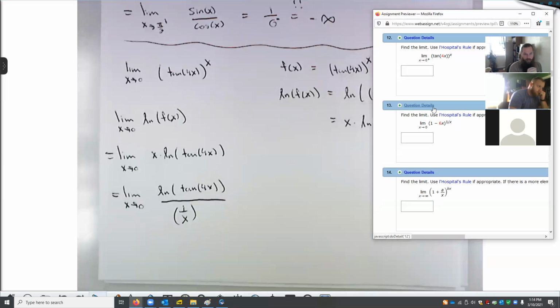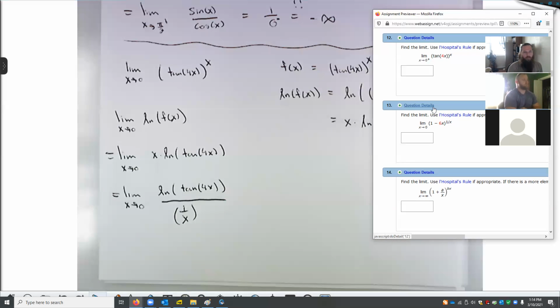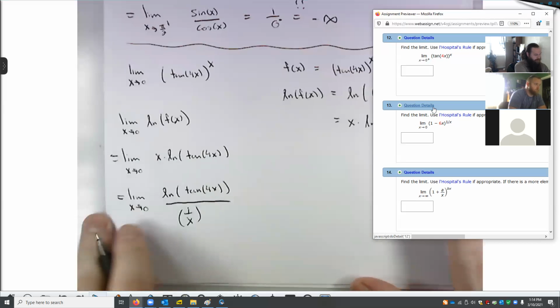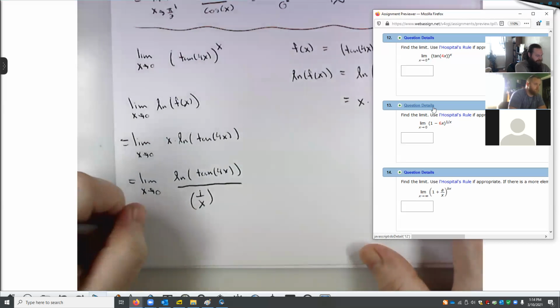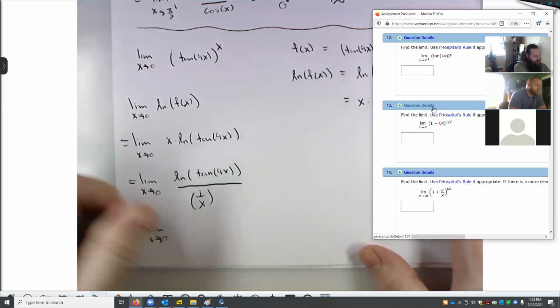And you said you were at the step after this, where you use L'Hopital's rule? Yes, I did L'Hopital's rule, and then it came out to be another, it's still indeterminate, right? Yeah. So one application of L'Hopital's rule gets me the limit as x goes to 0.